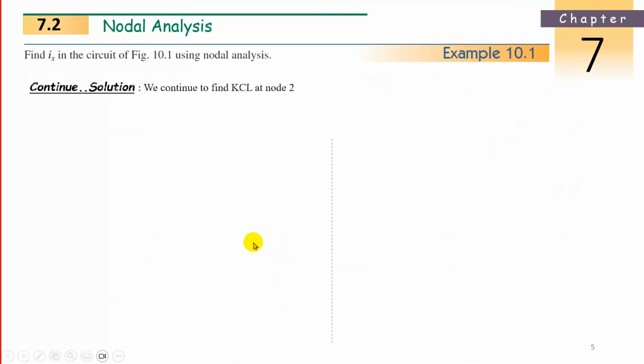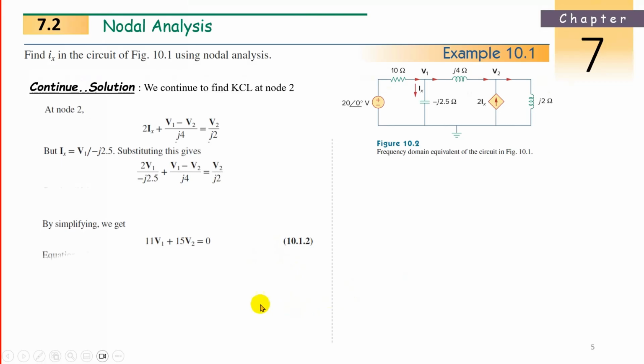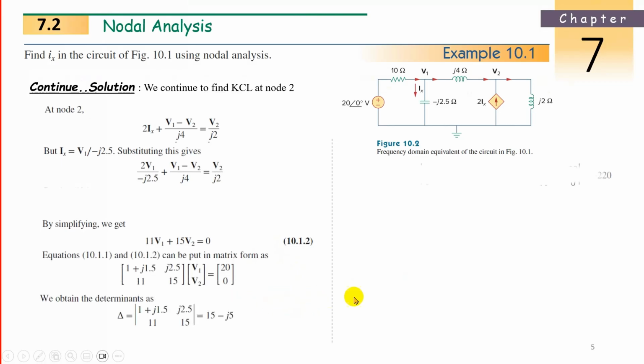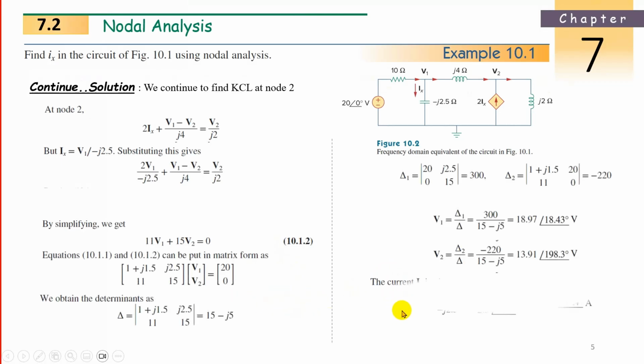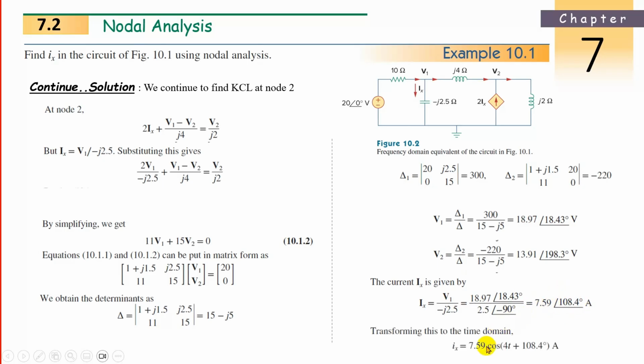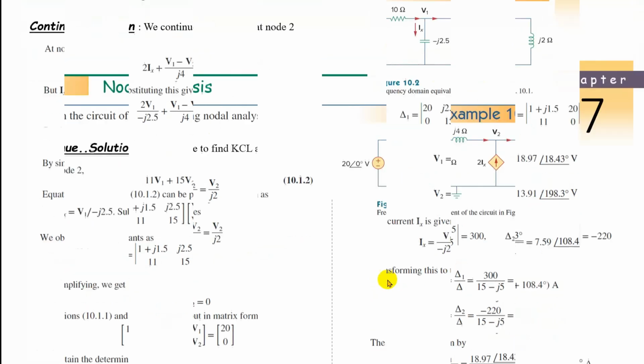This is the final result: V1, V2, and Ix in the phasor, frequency domain polar form. Now we convert it back to sinusoid, so it will be 7.59 cos(4t + 108.4 degrees). This is how we do the steps in node analysis.